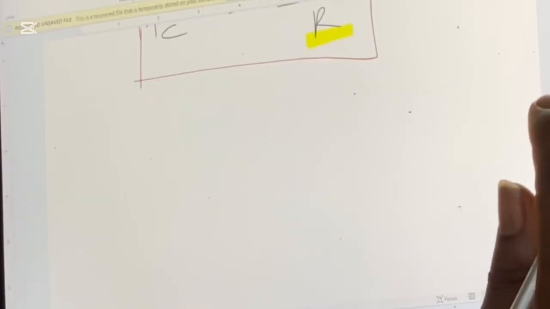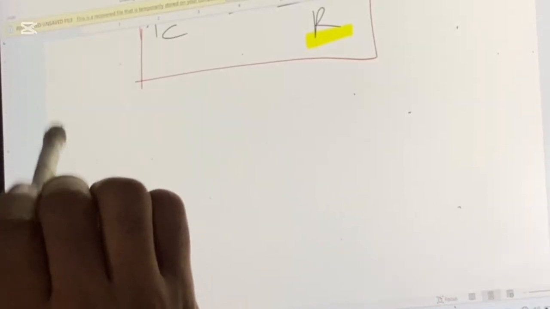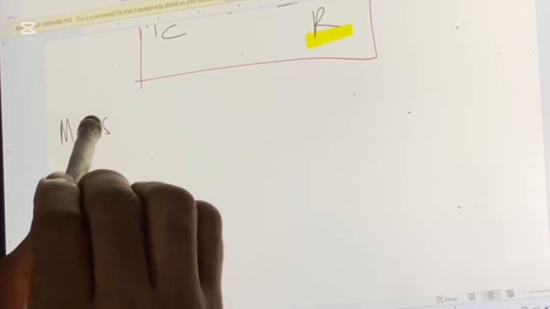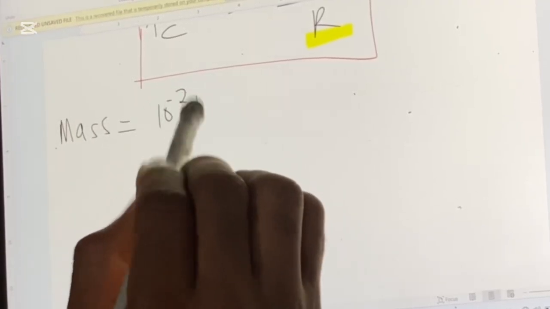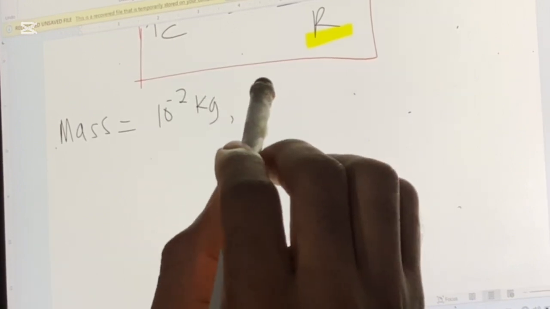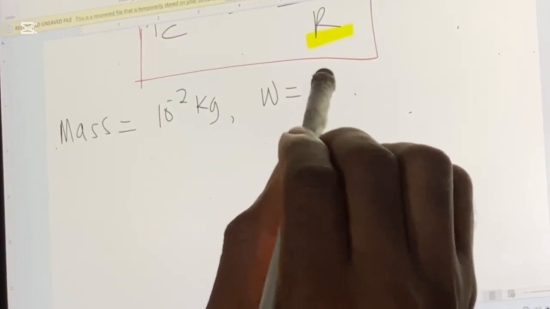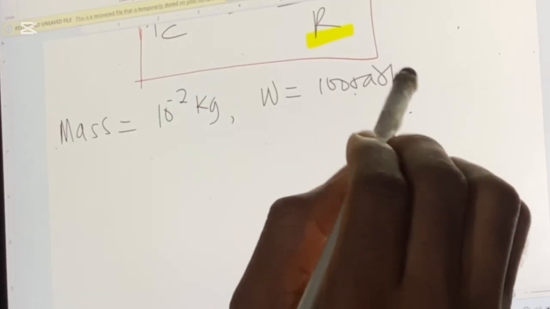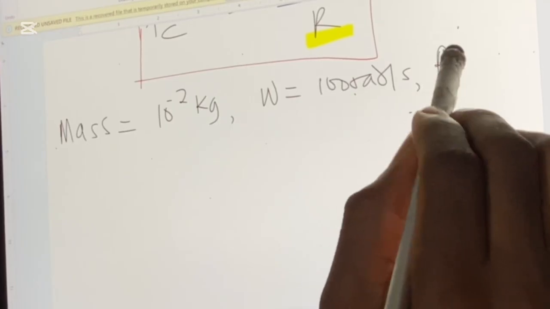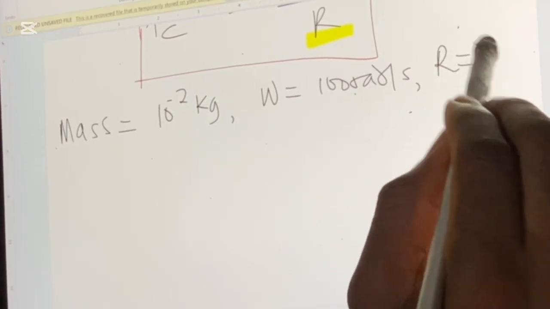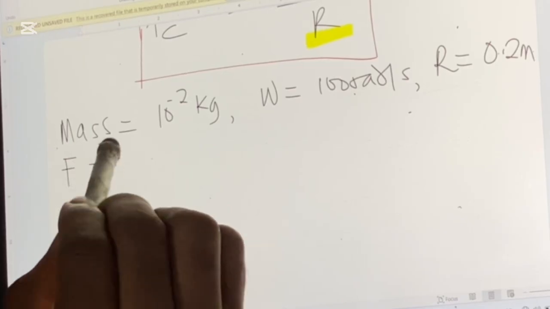So when you write down the parameters here, mass is given to us as 10 raised to the power minus 2 kg. Angular speed is 100 rad per second. Radius is 0.2 meters, and we are asked to find force. Please take notes.